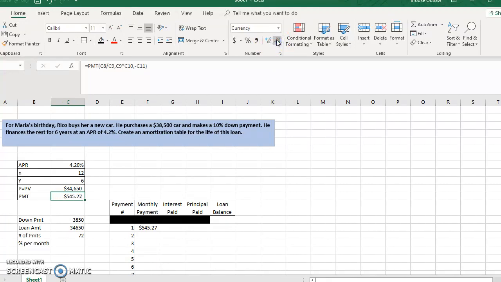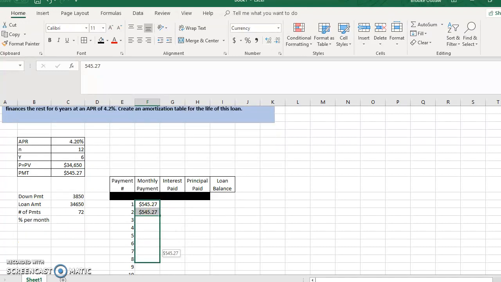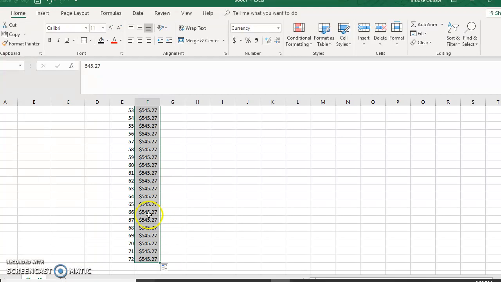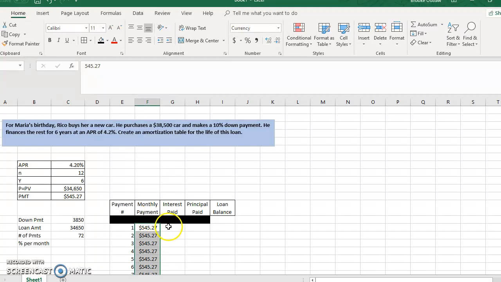We can't pay a fraction of a penny, so we're going to make sure it's an exact number, and it's 27 cents and not that 26.88, whatever that might be. I'm going to do it in both of these rows so that I can highlight both of them, and Excel knows that since they're both the same, when I drag it down, all of the payments should be the same. And of course, he's making monthly payments, so they should all be the same.